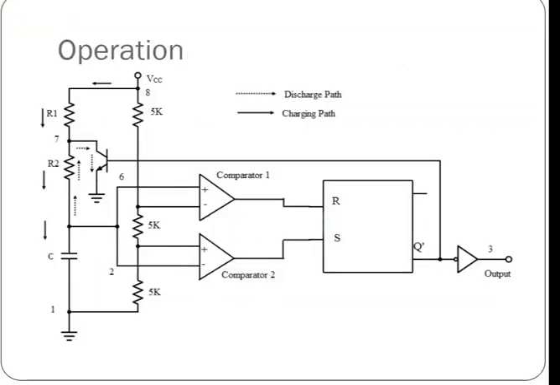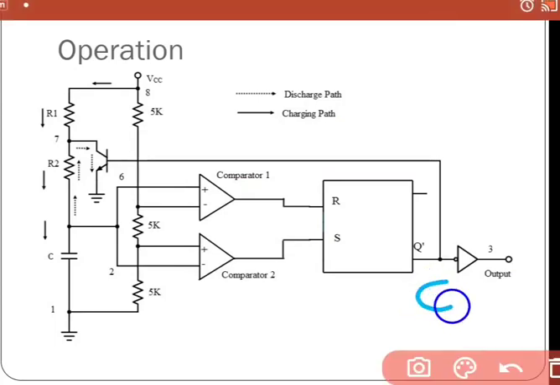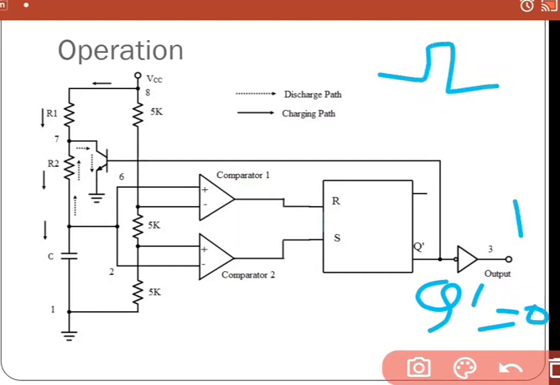So when the capacitor is charging, because Q bar is equal to 0, the output is 1. Then we are getting this high value at the output.